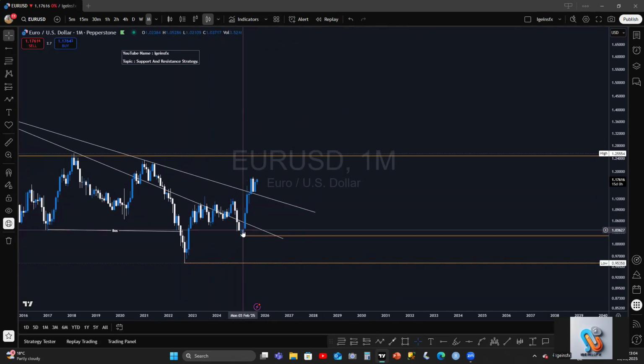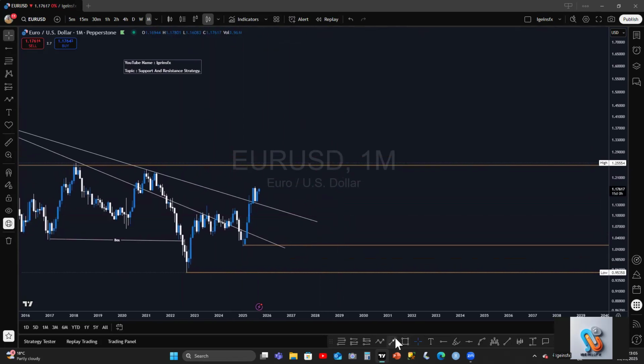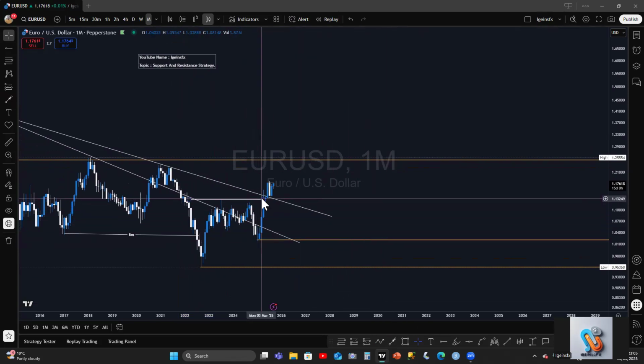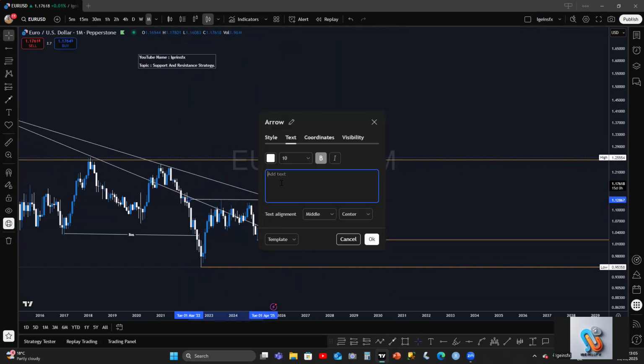Price now broke this resistance here. This last resistance was broken. And what we'll now say is that internally, the market shifts from here. We now say market shift.